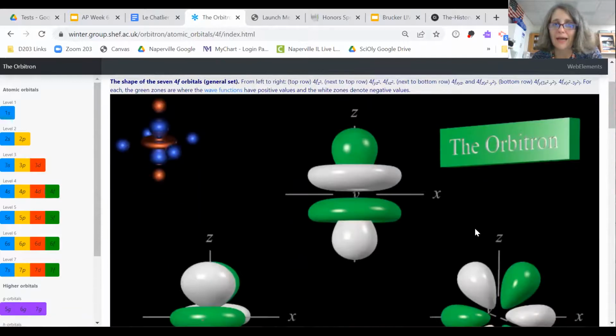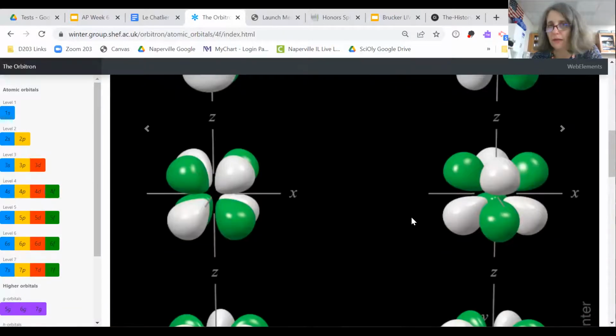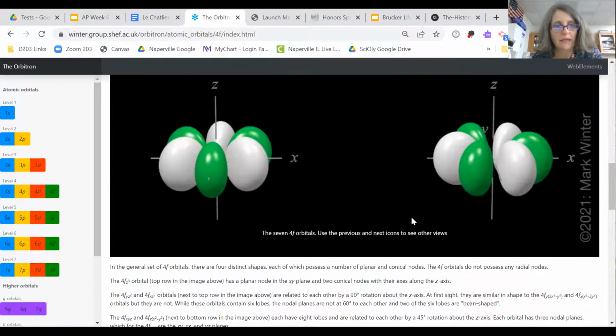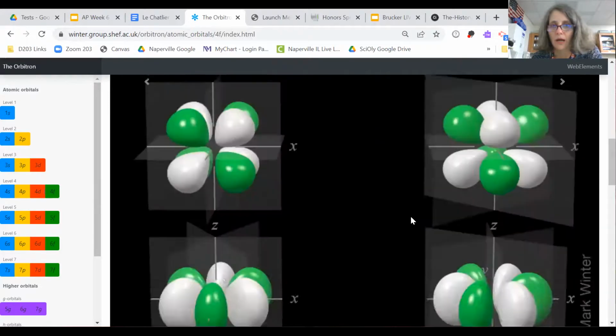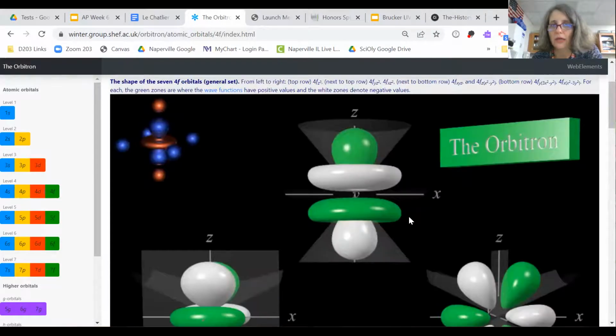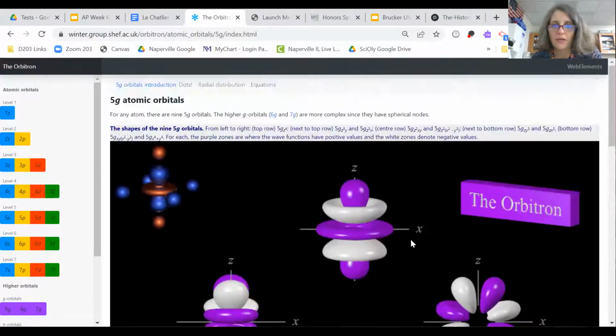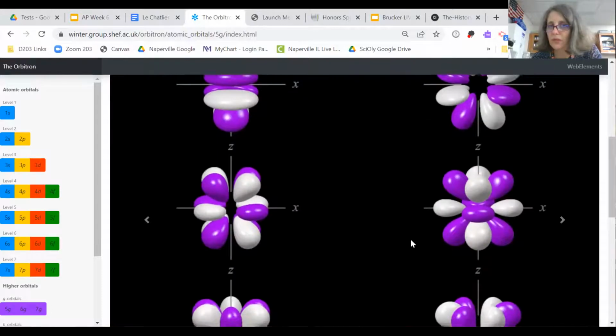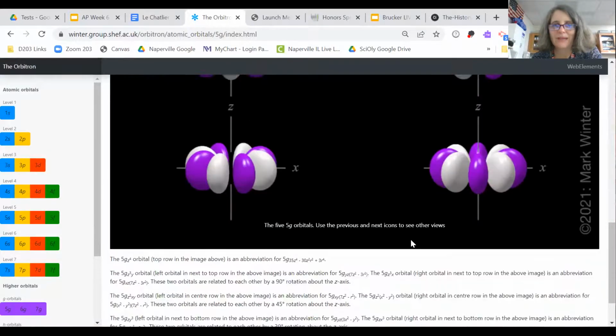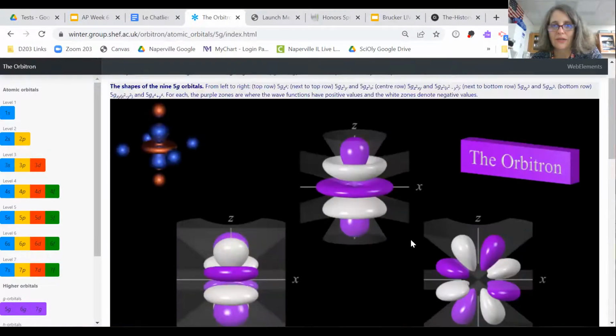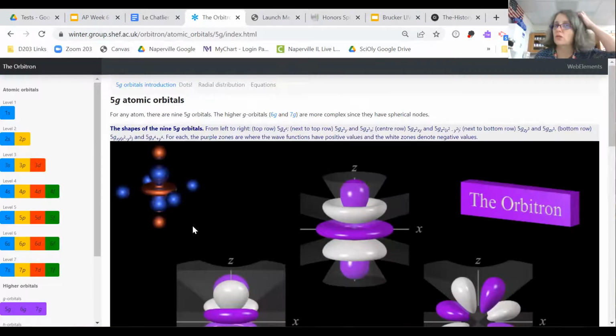And finally, we have an f orbital, even more funky, okay? And again, these f orbitals are a little bit strange, and again, never going to be asked to draw them. So these are what they are predicting the g orbitals to look like in the future. Again, these are just subject to math calculations in order to figure out where they would actually go.